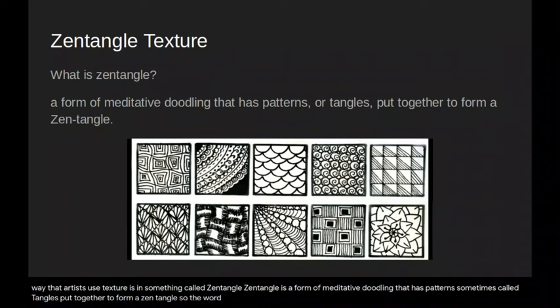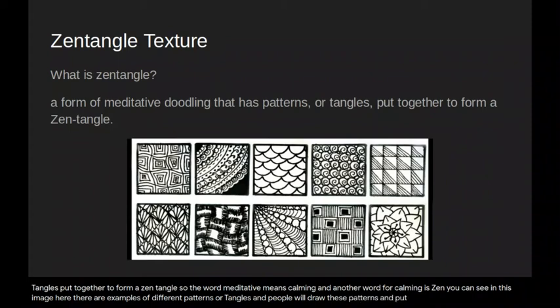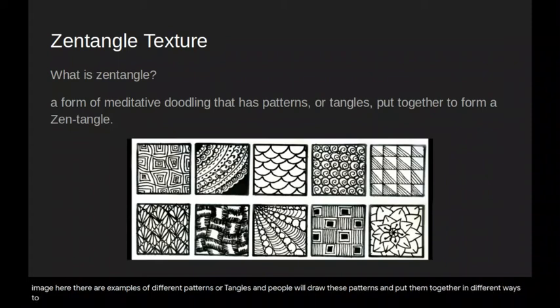So the word meditative means calming, and another word for calming is Zen. You can see in this image here, there are examples of different patterns or tangles, and people will draw these patterns and put them together in different ways to create a Zentangle.